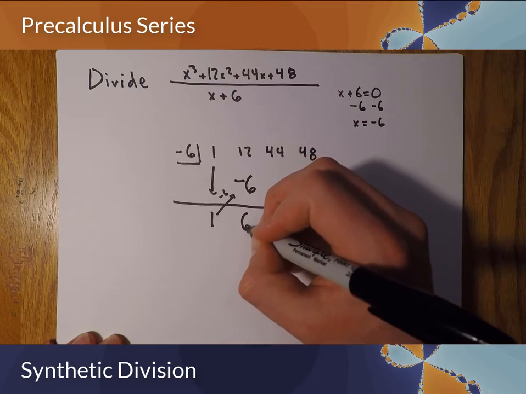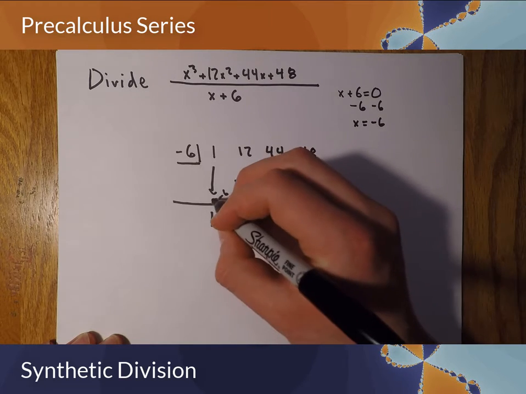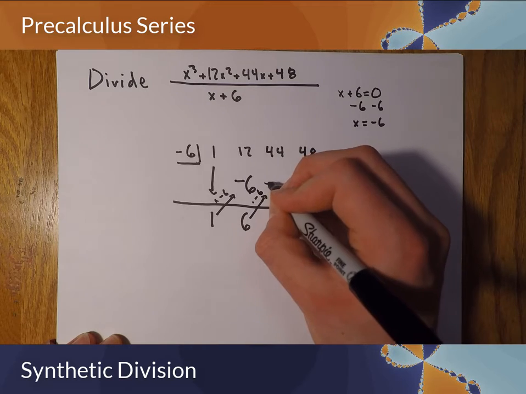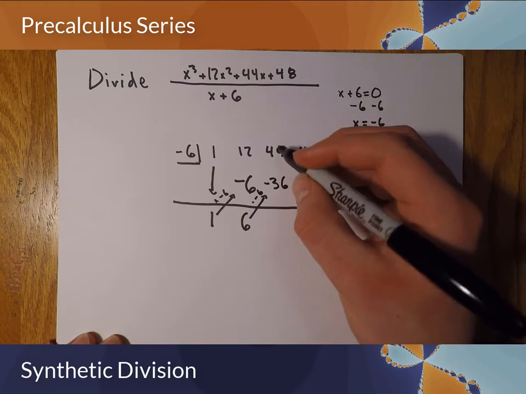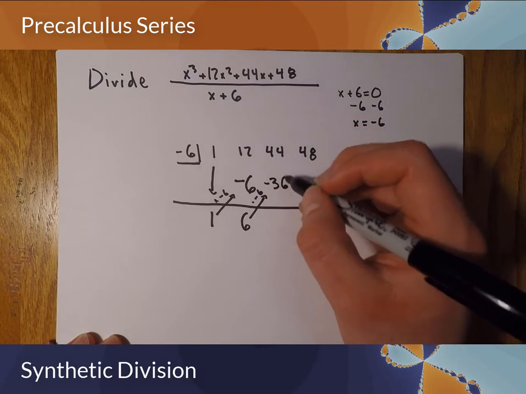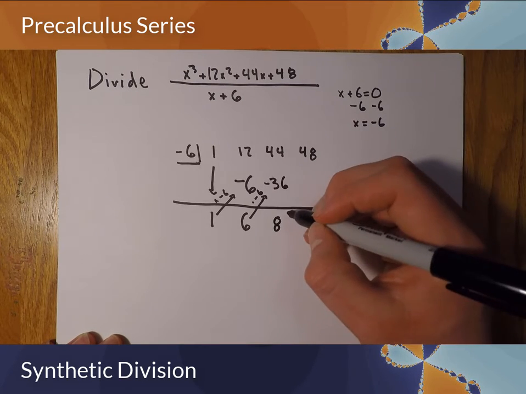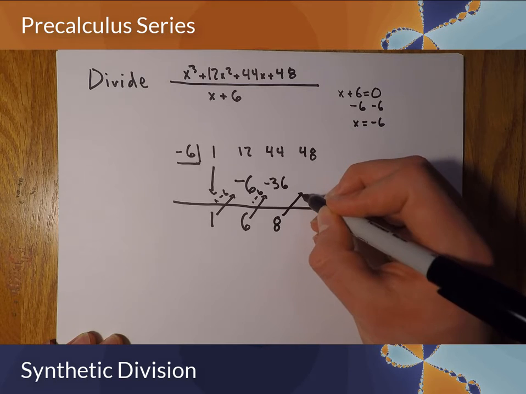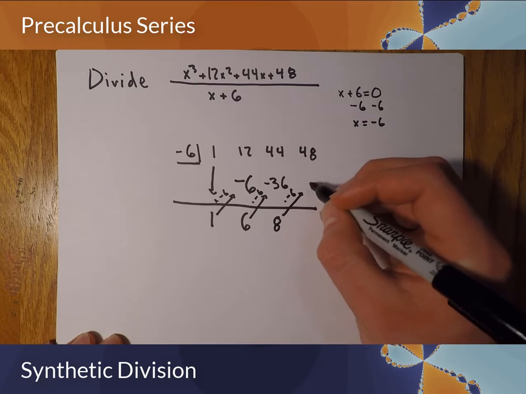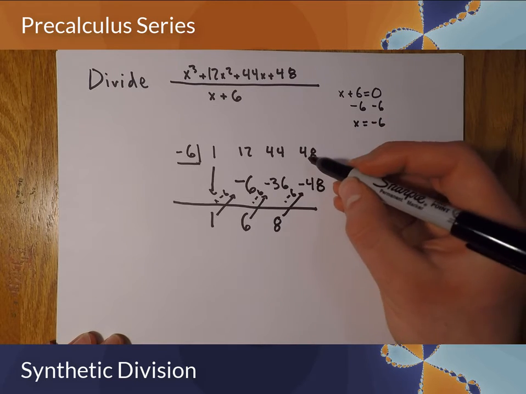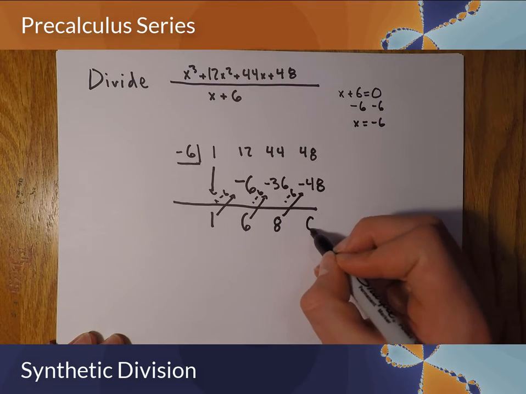Then you take 6 and multiply it by -6, so you get -36. And so now 44 plus -36 is 8. And then you multiply 8 by a factor of -6. And so then you get -48. And then 48 plus -48, well, that's 0.